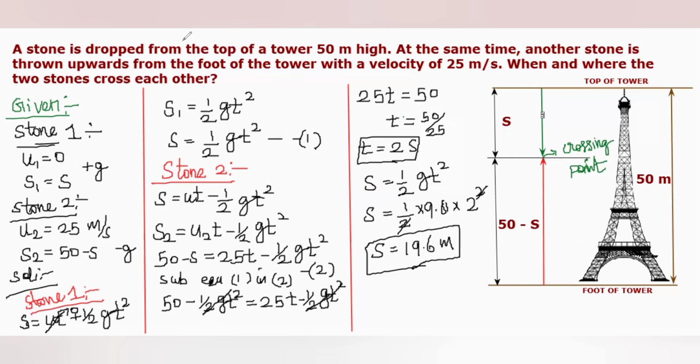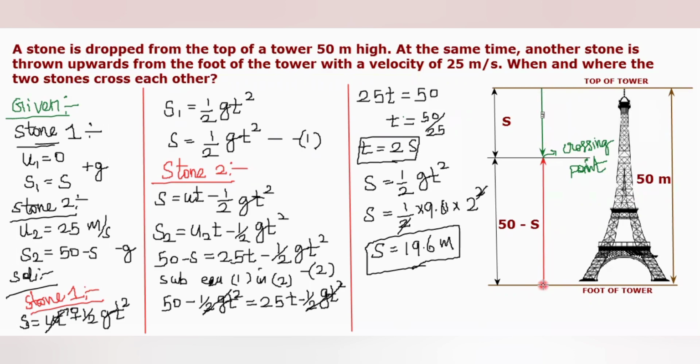Okay, so I will repeat the question once again. Just note it. A stone is dropped from the top of a tower 50 meters high. The first stone is dropped from the top of the tower.